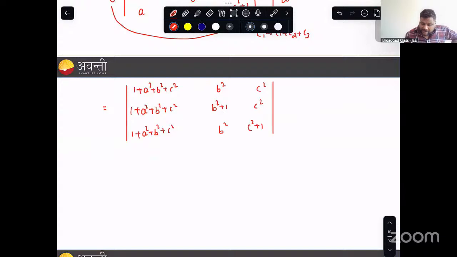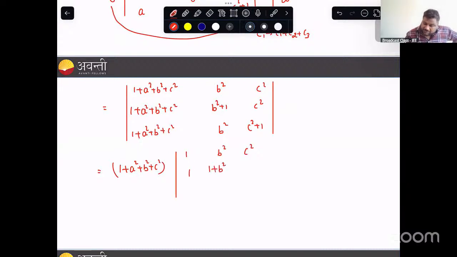Now from the entire first column, 1 plus A square plus B square plus C square came common. So it is 1, B square, C square; 1, plus B square, C square; 1, B square and 1 plus C square. Correct?